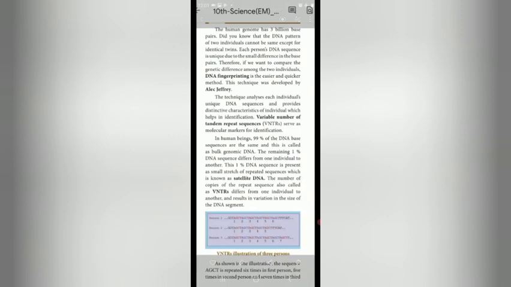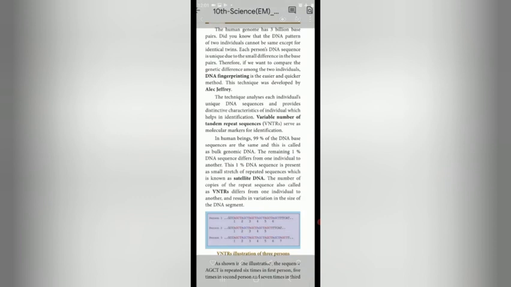This is also identified by the sequences present in the DNA called variable number of tandem repeat sequences. In human beings, 99% of the DNA base sequence is the same. This is called bulk genomic DNA.